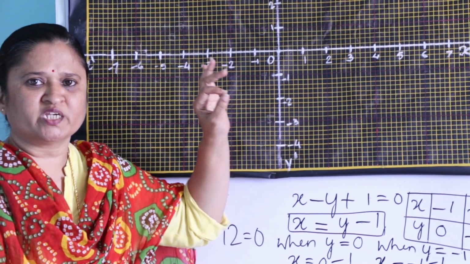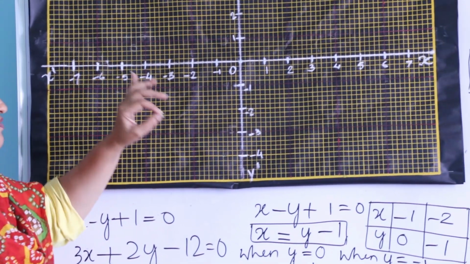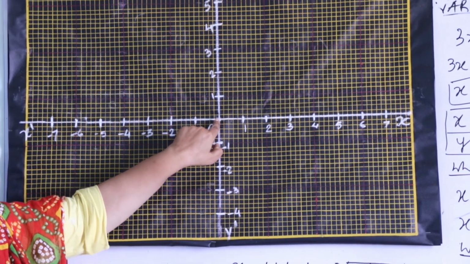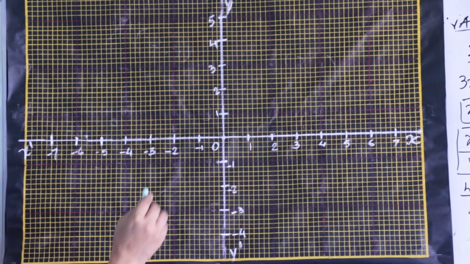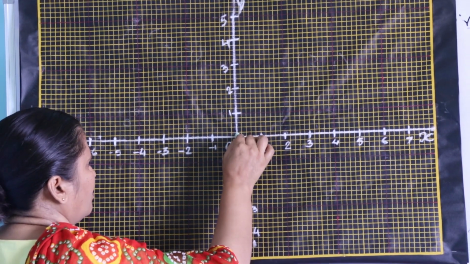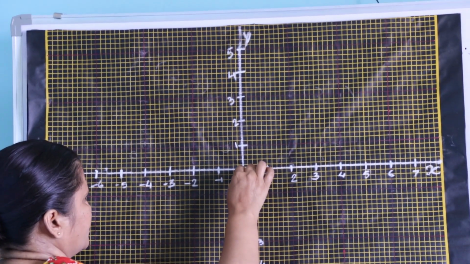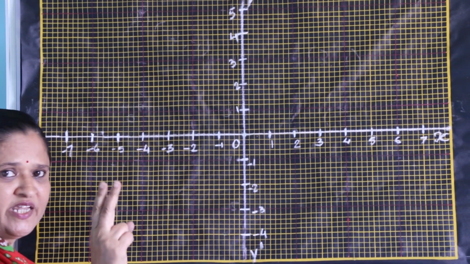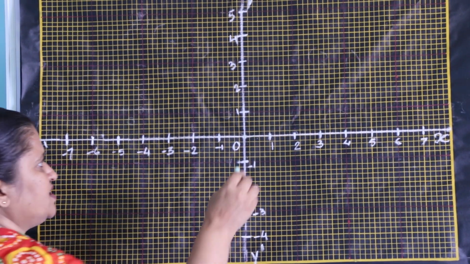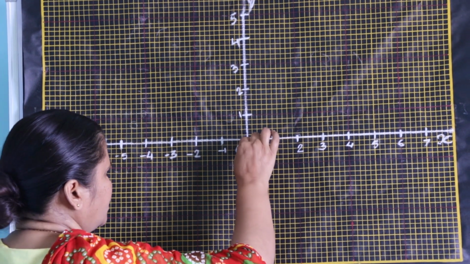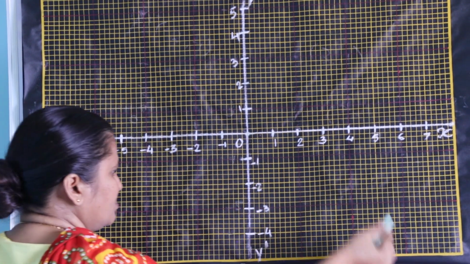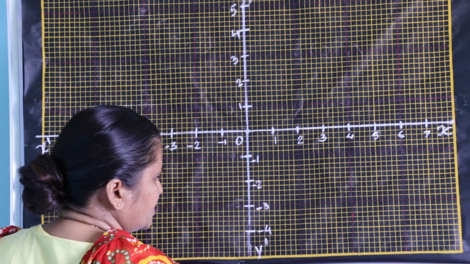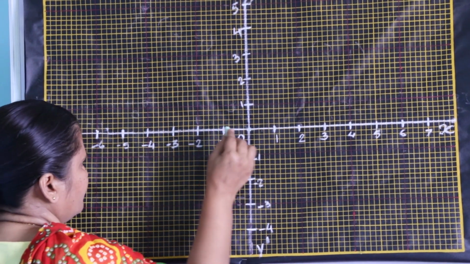When you want to keep a point, first always every point should begin from the origin. So I'll start here. Only two options, either to go right or left. Based on the x value, we decide whether we go to right or to left. X is minus 1, so we should go to left.